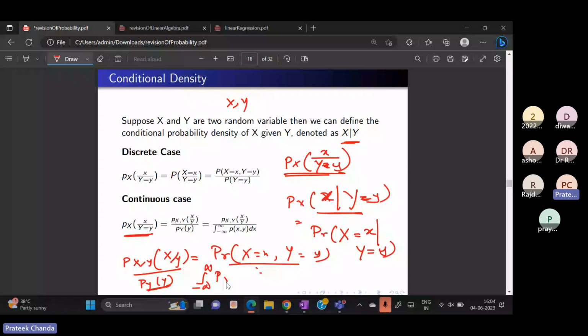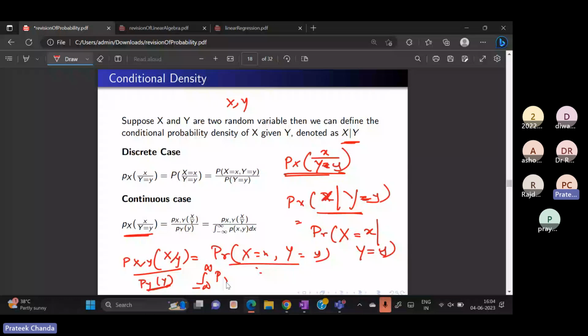And now we go through some of the basic rules, like the sum rule and the product chain rule, that we will be using heavily during the probabilistic graphical models part of the course. Marginalization, as we saw, means we can find p of x by marginalizing over all values of y. Similarly, if we have more than two events, for example n events, and we want the probability density for x1, we can marginalize over the other variables x2, x3 up to xn.